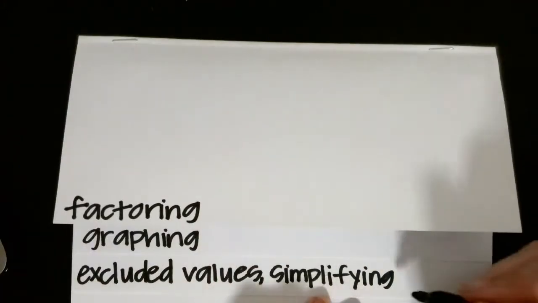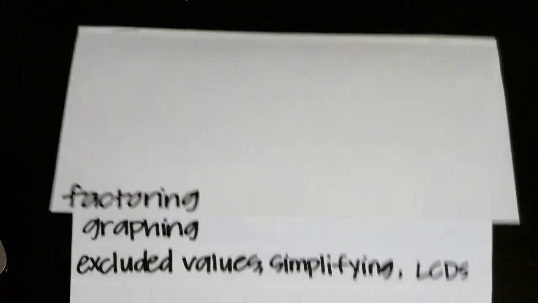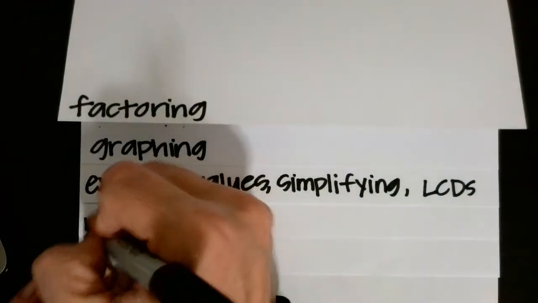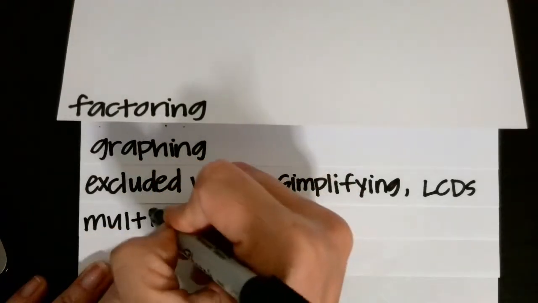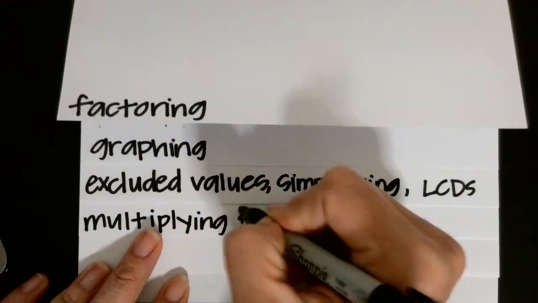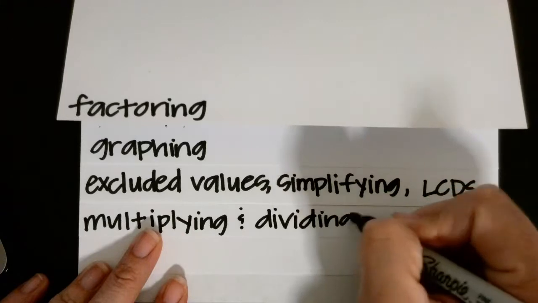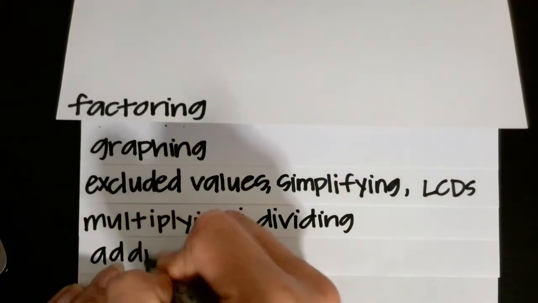And LCDs. So we know those least common denominators. Then we're going to go over multiplying and dividing rational expressions. And then you should have a tab for adding and subtracting.